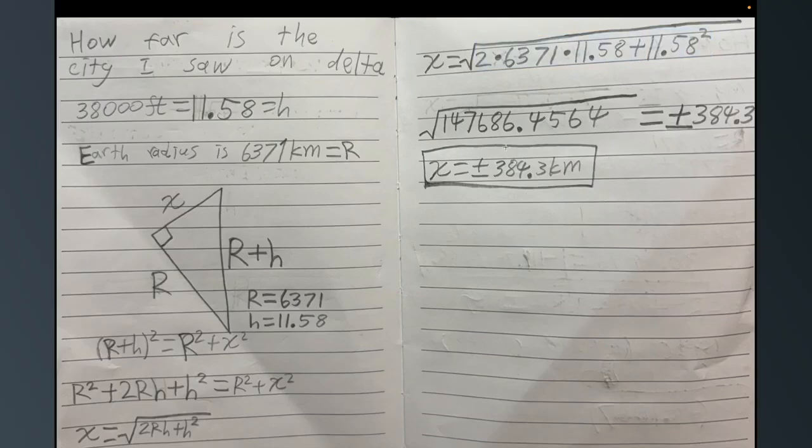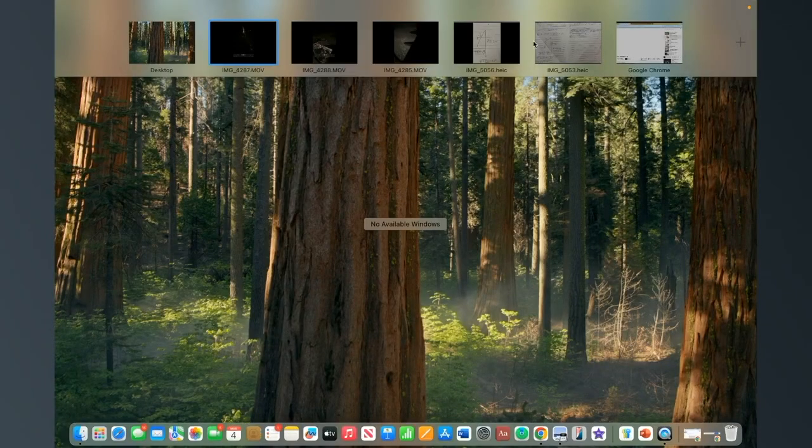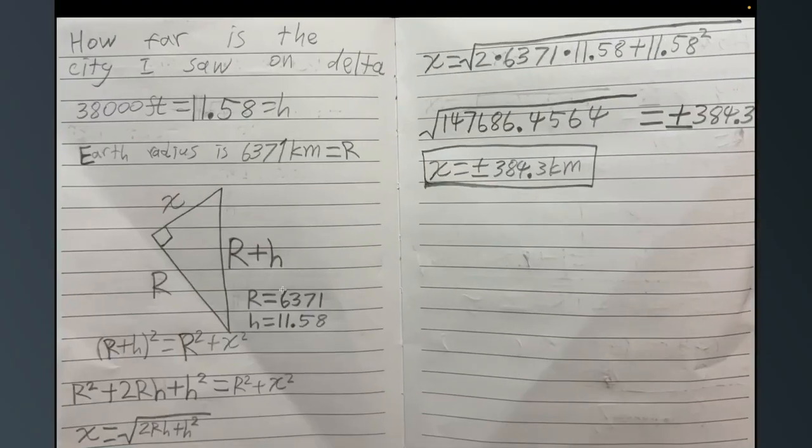So x equals plus minus 384.3 kilometers. So in this video, this city over here is exactly 384 kilometers. Because according to the Pythagorean theorem, we got x equals plus minus 384 kilometers. And this is the Pythagorean theorem.